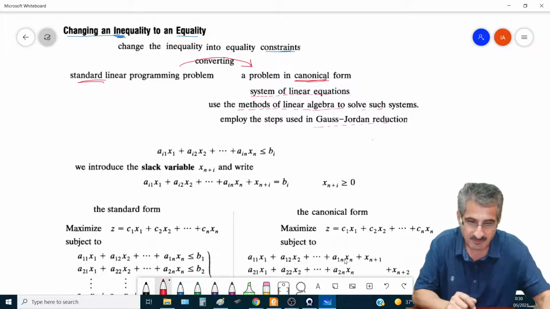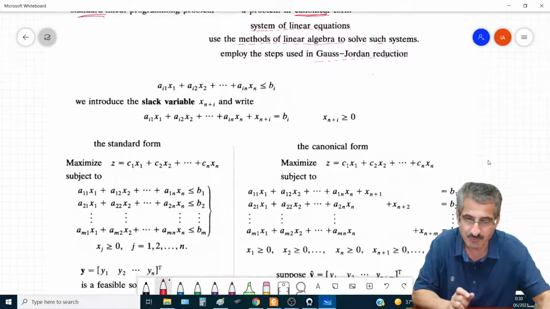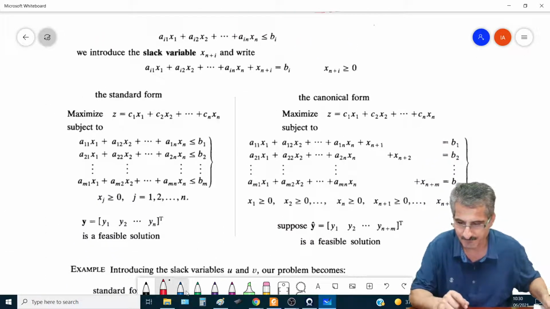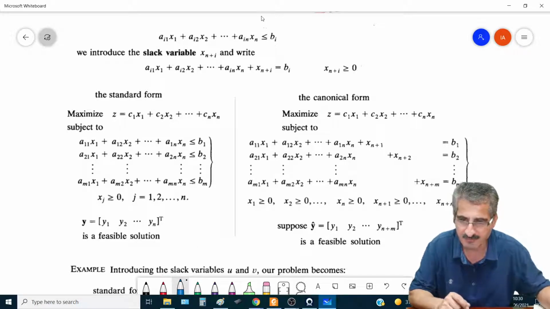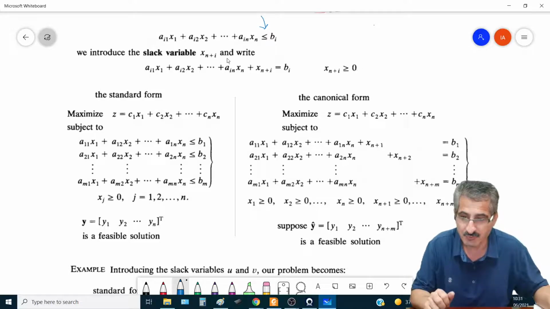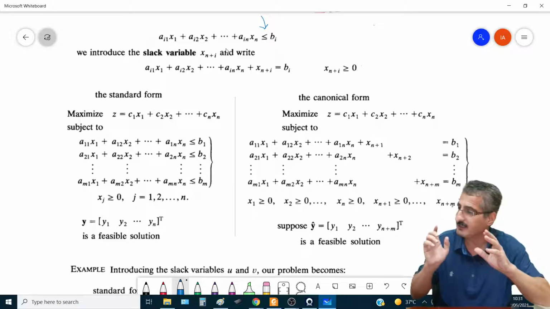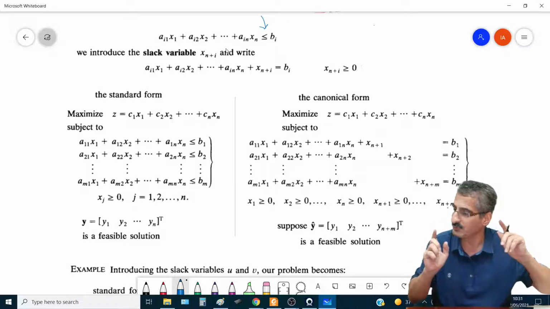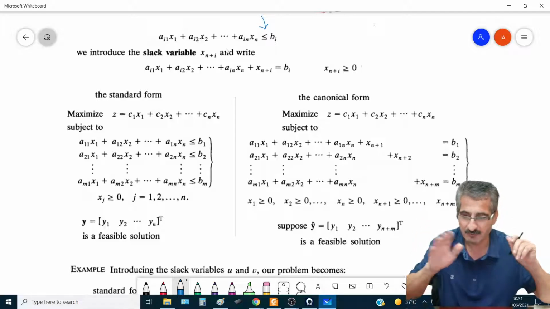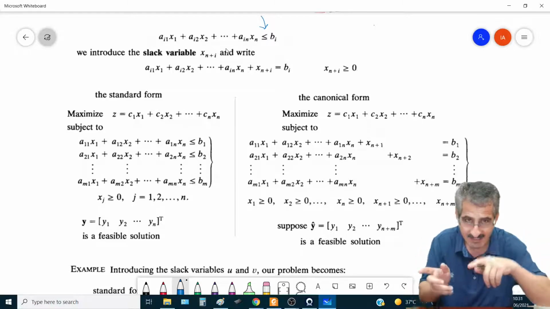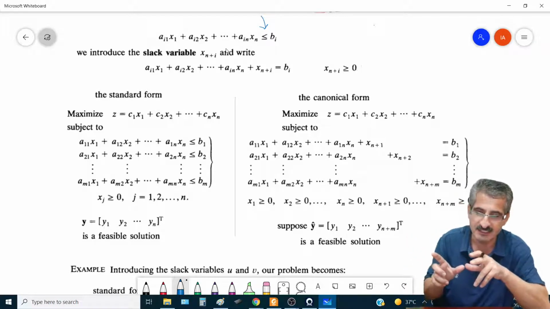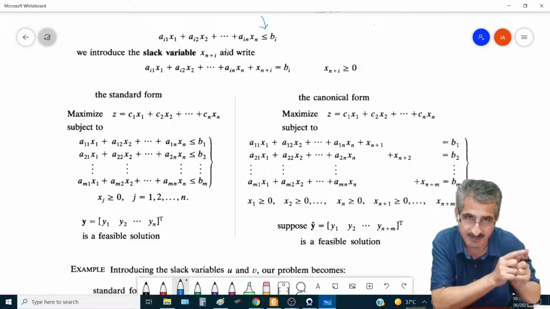Now in the standard form, you know that the constraints are given this way. Agree? They are given this way using less than or equal. Good. Now what we will do: the linear expression to our left is less than the constant b_i on the right.